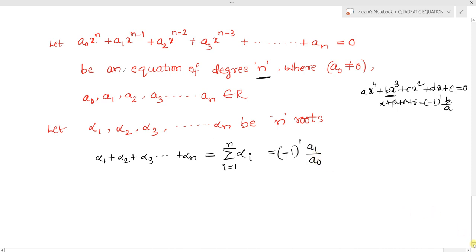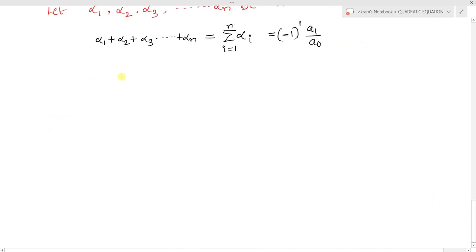Now similarly, the sum of the products of the roots taken two roots at a time. That means here we can write this as the summation of alpha i into alpha j, where the two are different, i not equal to j, with i and j from 1 to n.